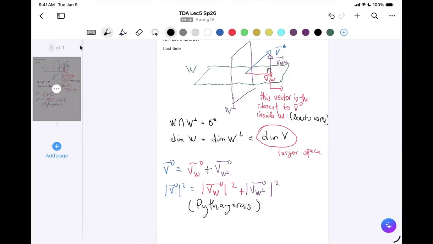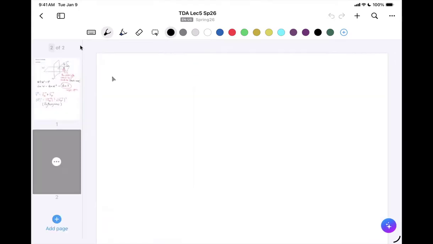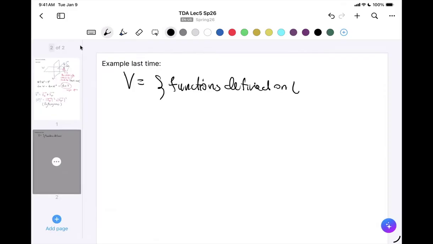For example, you could look at all the functions defined on a closed interval, like the example from last time. Your vector space could be all the functions defined on negative pi to pi.